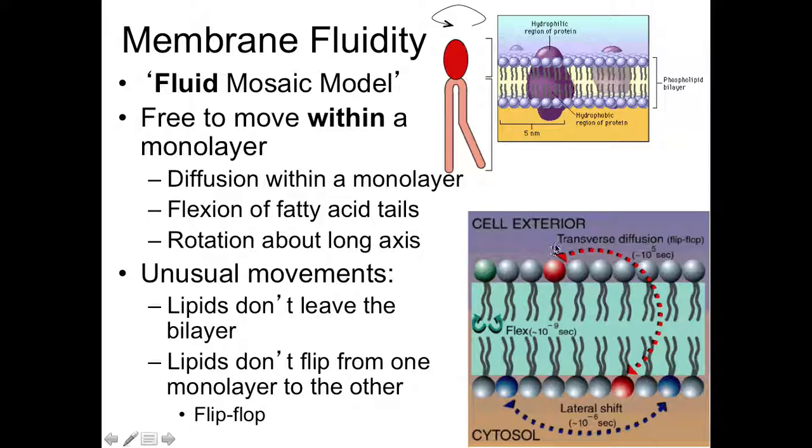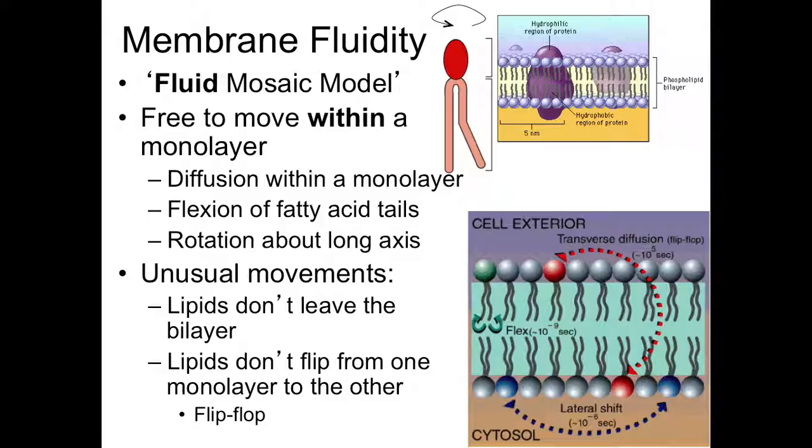Okay, so flip-flop is when a membrane lipid goes from one monolayer and flip-flops into the other monolayer. So here, a non-cytosolic monolayer lipid is going to flip-flop into the cytosolic monolayer. That is a very rare event, unless there are enzymes.